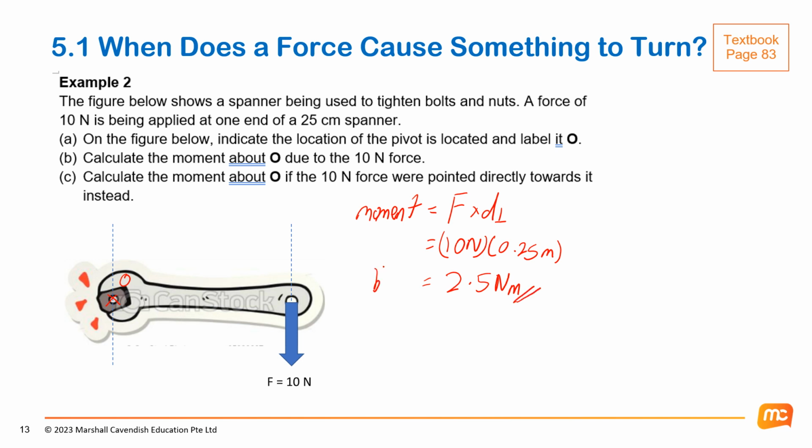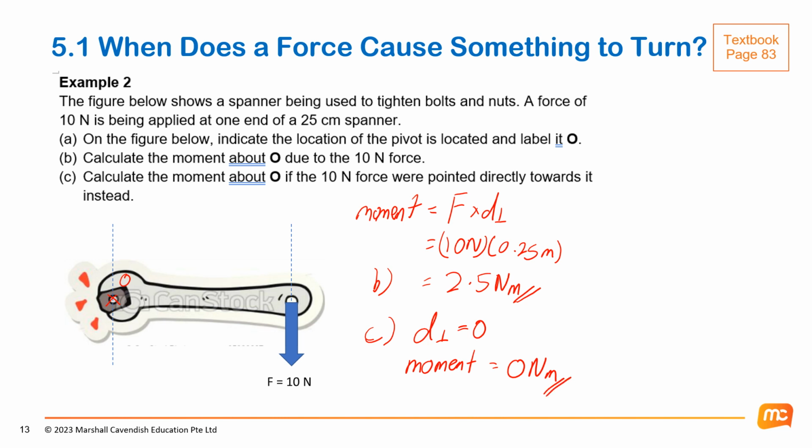And that would be for part B. Now for part C, calculate the moments if this 10 Newton force was pointed directly towards the pivot. Like what I said just now, okay, if it were pointed directly towards the pivot, the perpendicular distance equals to 0. So we don't even need to calculate it. Anything times 0 would just simply be 0. So our moment would be 0 Newton meters.